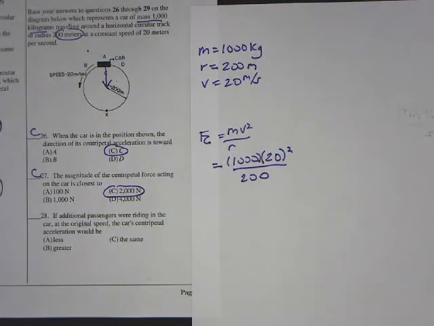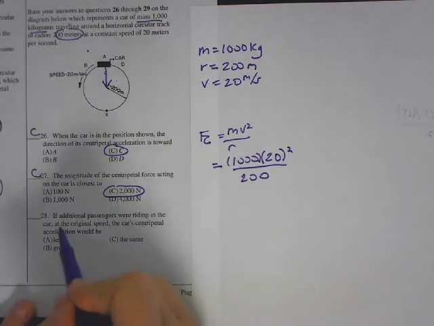Number 28. If additional passengers were riding in the car at the original speed, the car's centripetal acceleration would be the same. How do I know that? Am I just guessing? Am I memorizing an answer? No. They said if additional passengers, they're asking me about the acceleration. The first thing I'm going to do is write the equation.